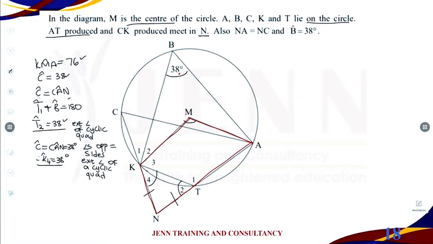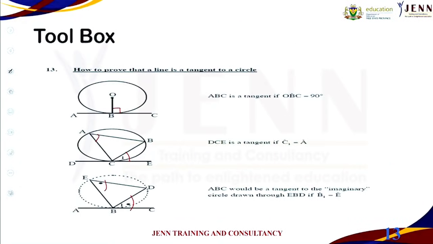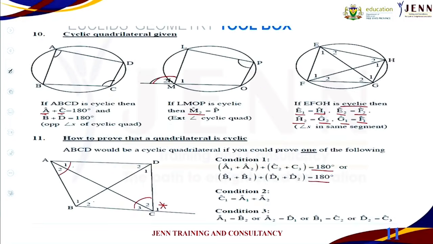So according to our toolbox, how are we supposed to prove that a quadrilateral is cyclic? Remember, this is very important.